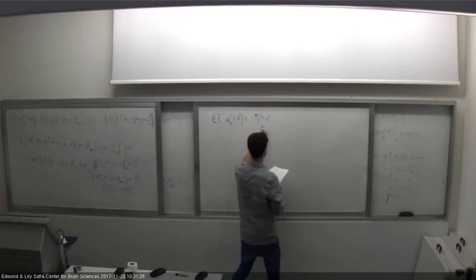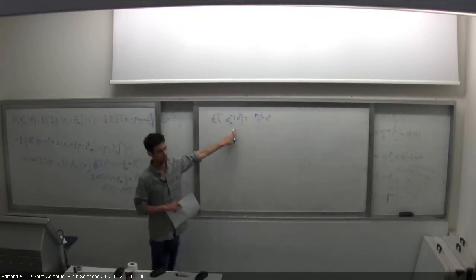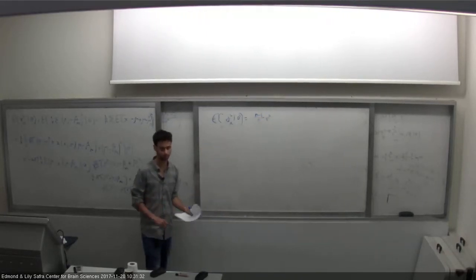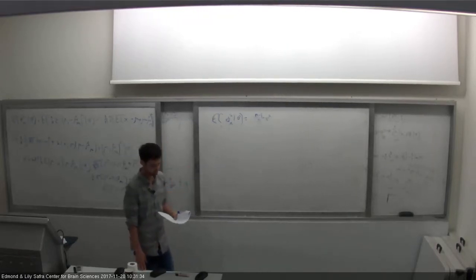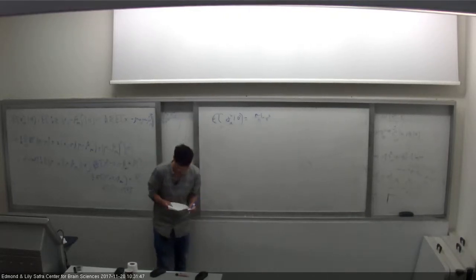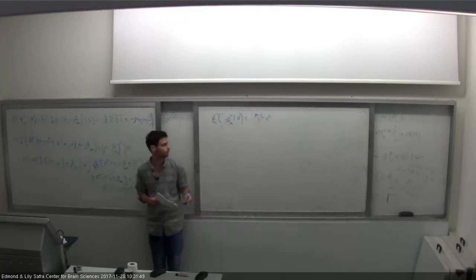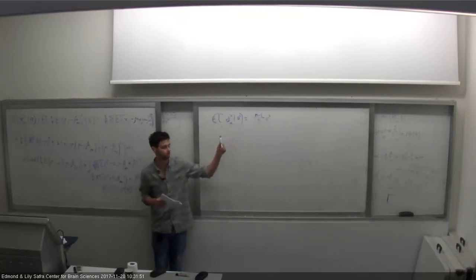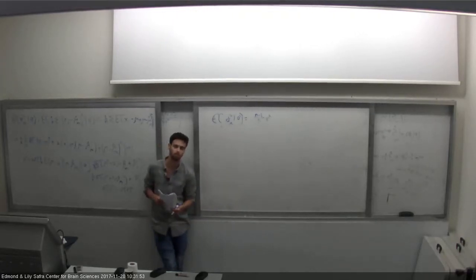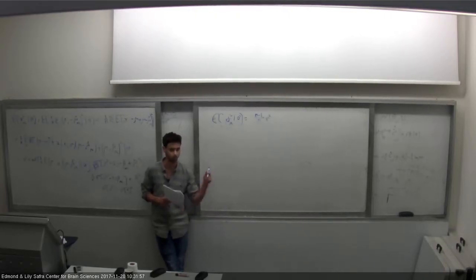Okay? This is the point. And the point is that this estimator is biased. But if n goes to infinity, then sigma hat to the square is equal to sigma to the square.